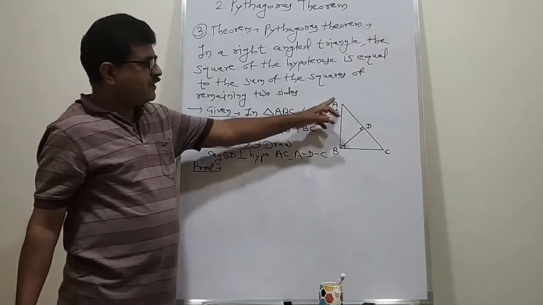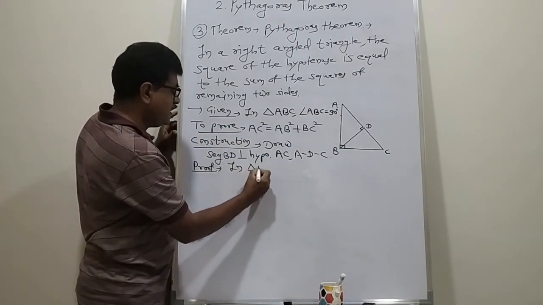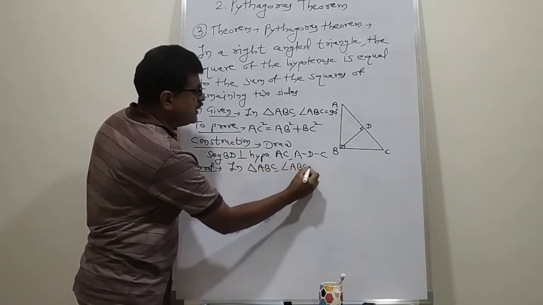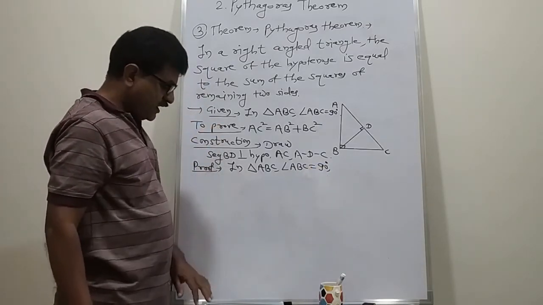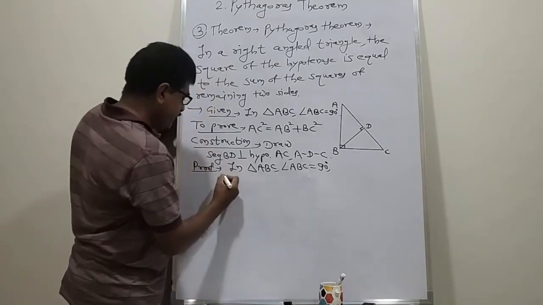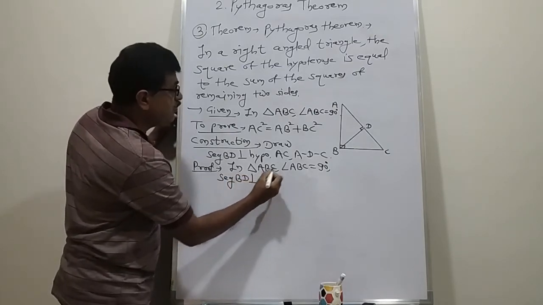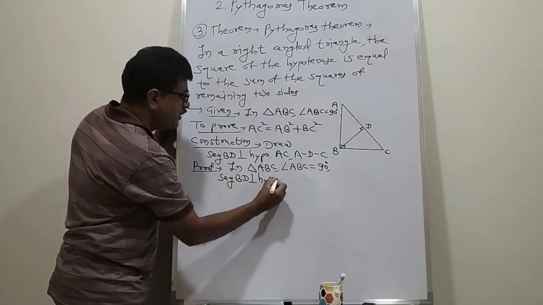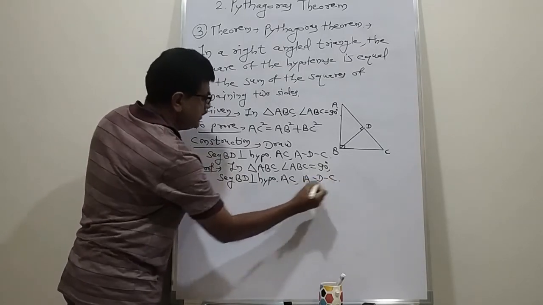Now first write down given. In triangle ABC, angle ABC is equal to 90 degrees, segment BD perpendicular to hypotenuse AC and A-D-C.